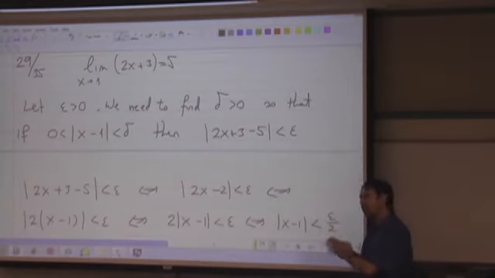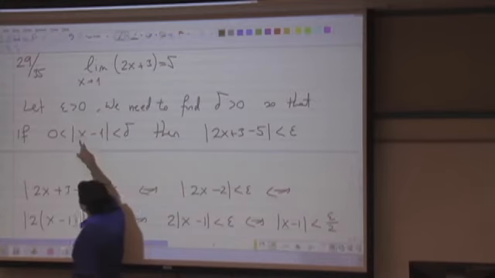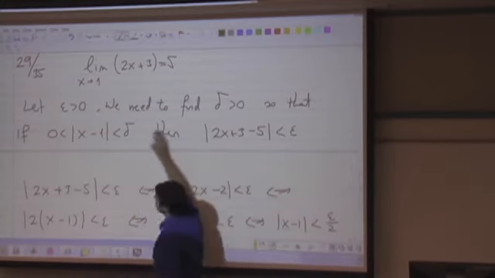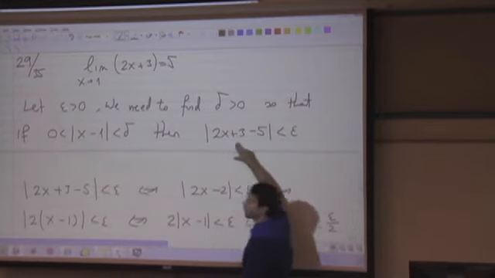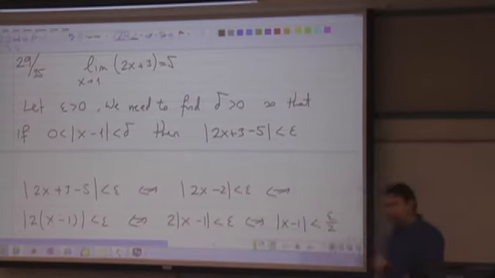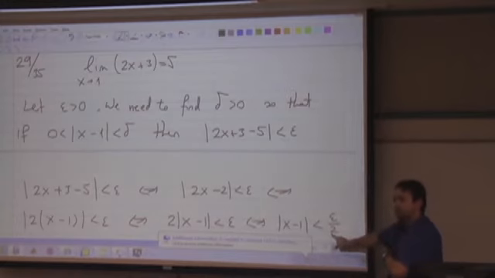So now what have we actually done? Look what we're actually looking for. We're saying, give me an epsilon. I need to find some delta for which if this relationship holds, then this relationship holds, right? If you look at this and stare at it for a couple of seconds, can you tell me what delta is? Epsilon over 2. Why?